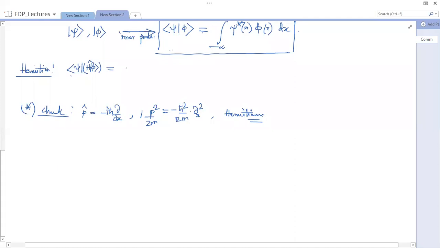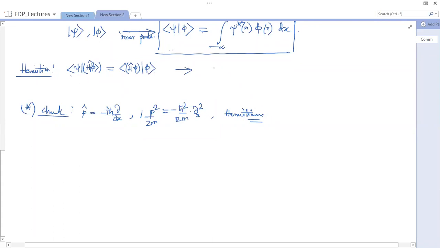That should be equal to the opposite, which is H acting on psi, that's the state, and you are taking the inner product with phi.